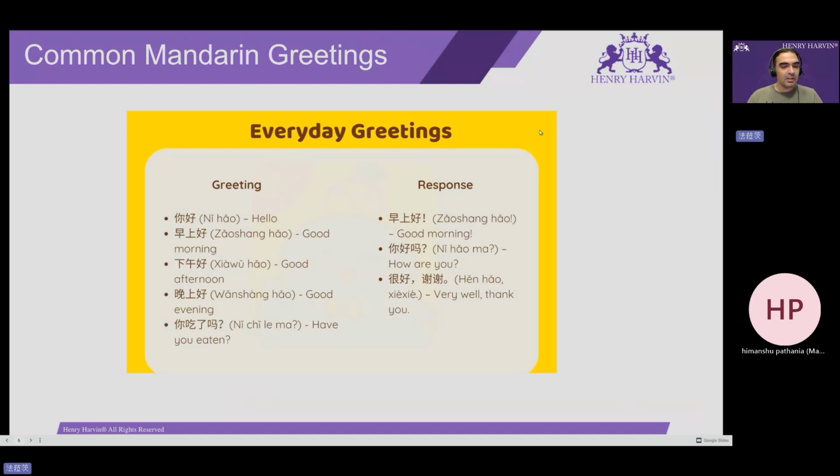Because generally if you ask someone 你吃了吗, it means have you eaten, a perfect tense kind of scenario here. And when it comes to response, generally the response for 早上好 is also 早上好, just like we mentioned before.